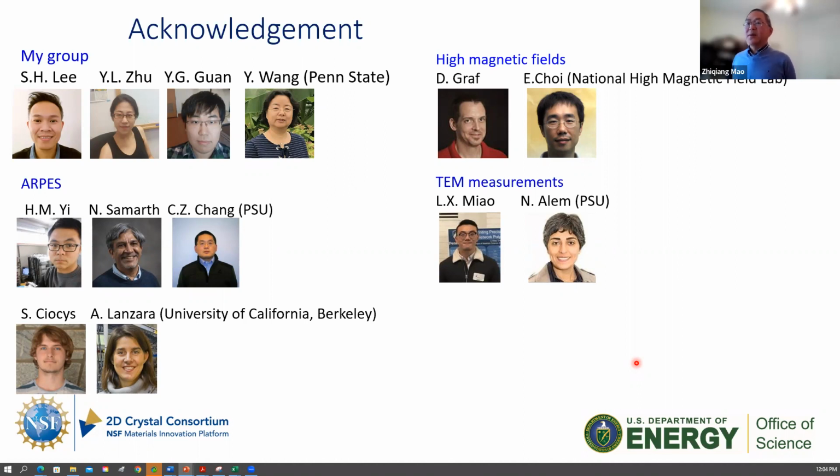For ARPES measurements, we collaborate with He Mian, Nitin, Trezu, and also some measurements done at UC Berkeley with Lonzero. We also did high field measurements at the National High Magnetic Field Lab in collaboration with Graf and Choi. For structure study in TEM, we collaborate with Leishing and Nothing.